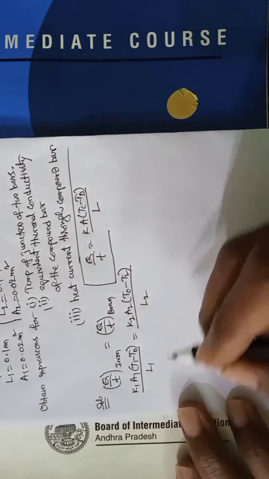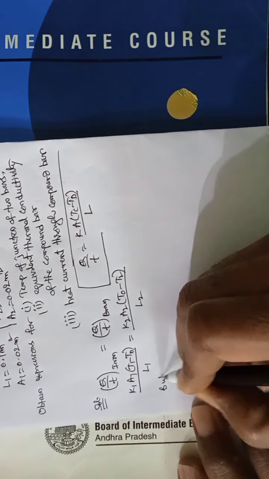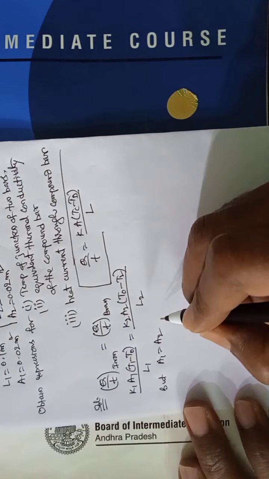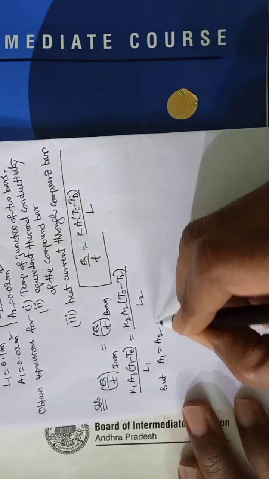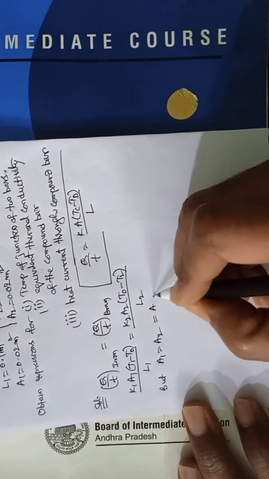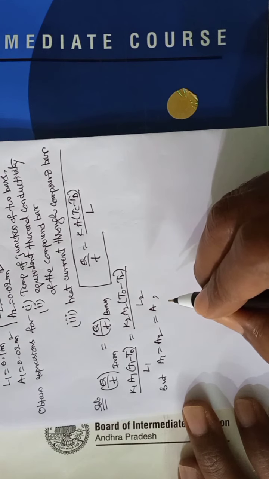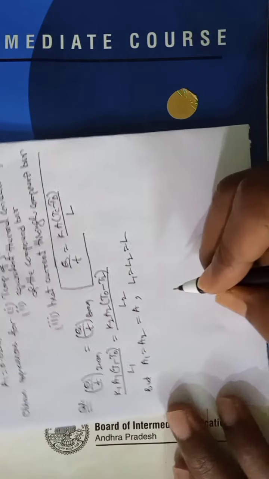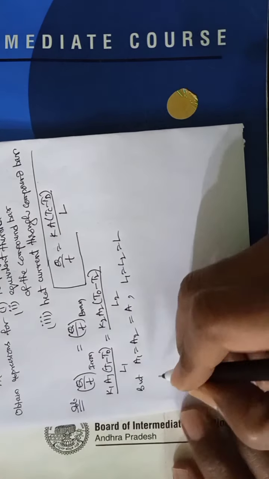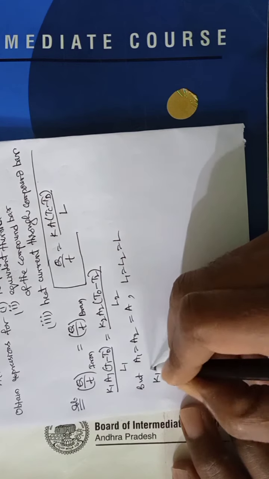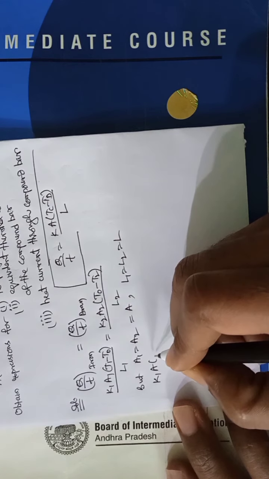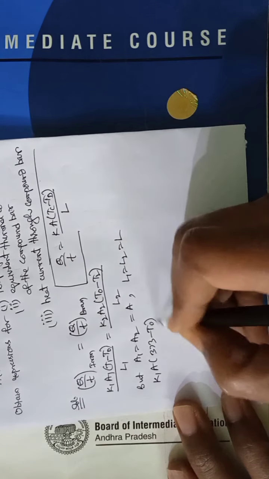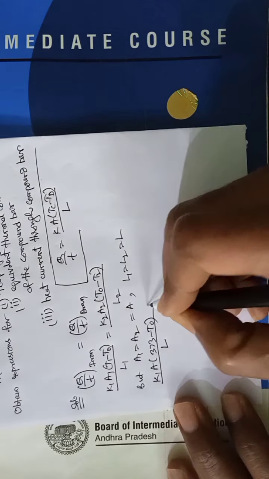But A1 is equal to A2, both bars having the same area of cross section, so A1 equals A2 equals A. Similarly, lengths are also the same, so L1 equals L2 equals L. Let us substitute these values here. K1 A into (T1, that is 373, minus T0) by L.